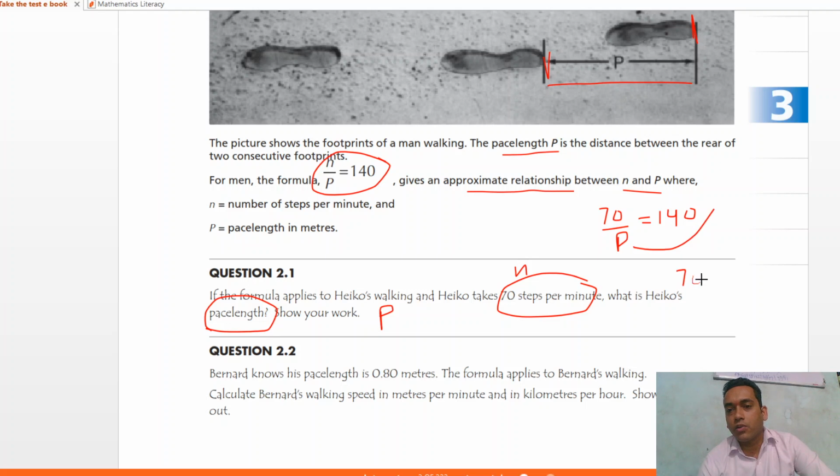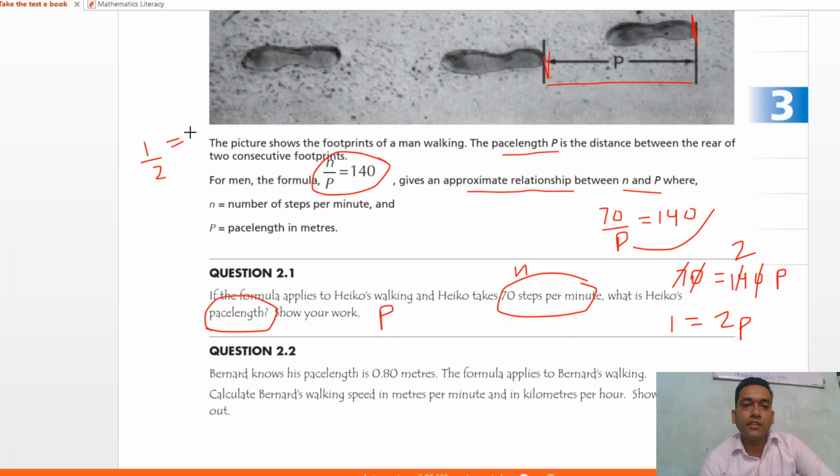So 70 is equal to 140p, right? 0 cancelled by 0, and now 7 1s are 7, 7 2s are 14, and now 1 is equal to 2p. What we'll do with this 2, we'll take this 2 to the LHS in the denominator, so it will be 1 by 2 is equal to p.